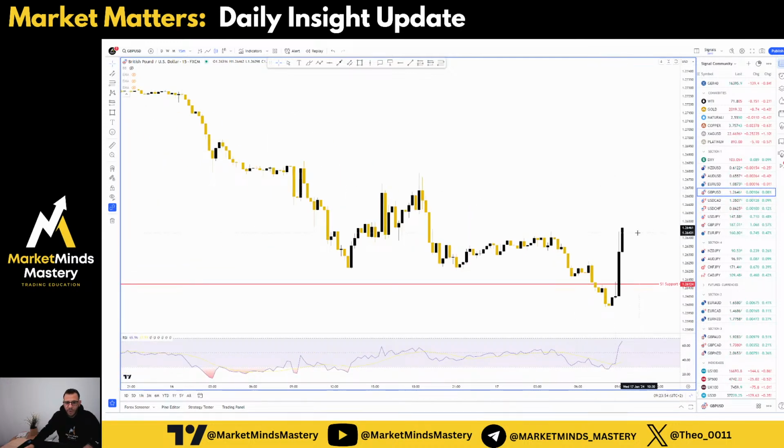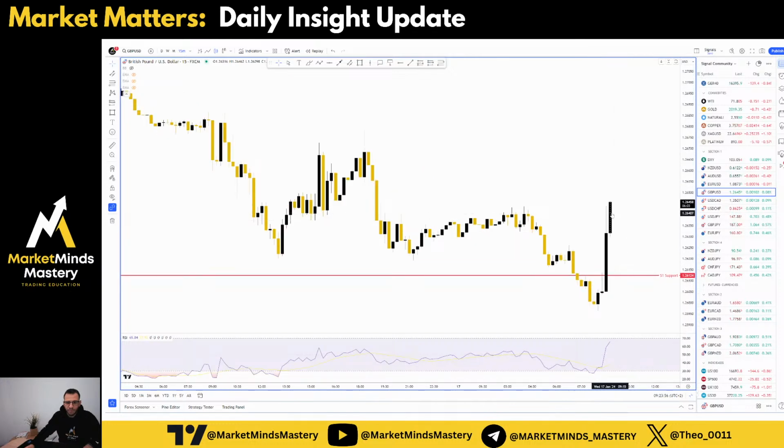So, strength on the pound. It's been a couple of minutes. We are looking at this chart and the market moves upward. It looks like it wants to break this resistance here, the intraday resistance that started during the New York session. If the price managed to close above and continue the rally, we can wait for some kind of retracement before we look to go long on this one.